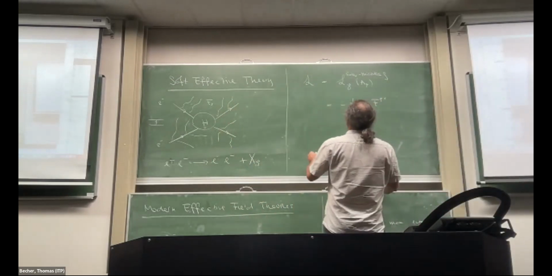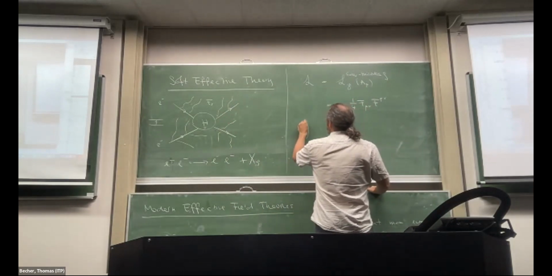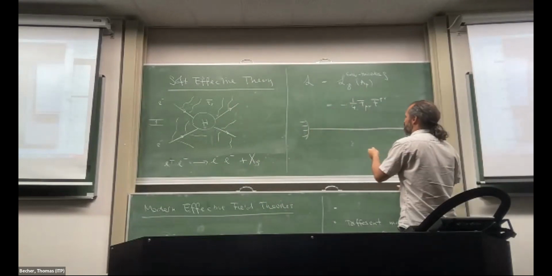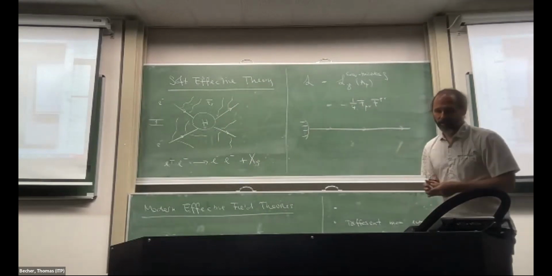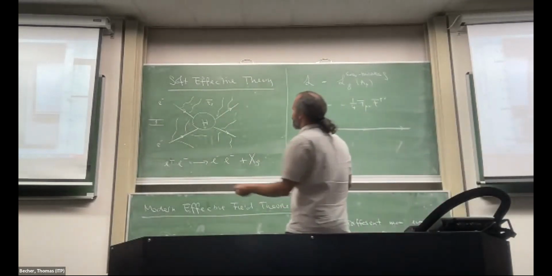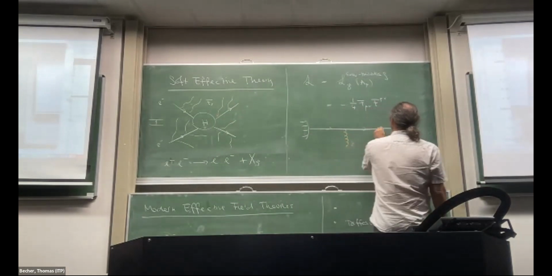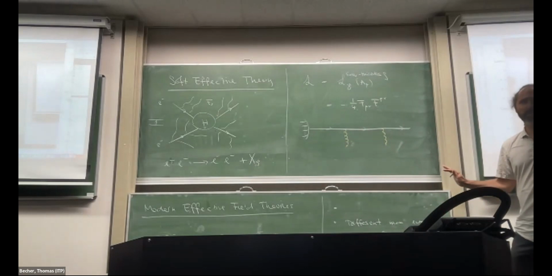And to derive this Lagrangian, I want to do this diagrammatically first, by basically looking at one of these legs and then looking at the Feynman rules for this in the soft limit.